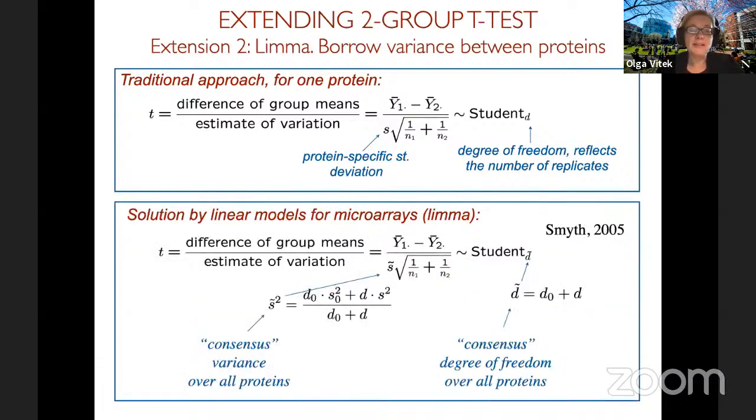So actually the method is fairly rigorous. There's a lot of rigor that went into that, but fundamentally for the applications, this is really what is happening. So it affects the definition of noise in the signal to noise ratio. So in other words, lemma says, now my noise is not only borrowing variation across all the groups, but it is also borrowing variation across all the proteins.